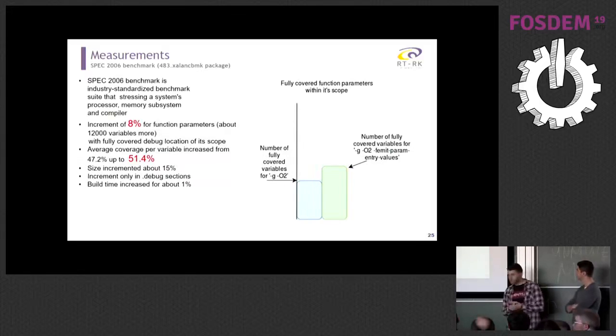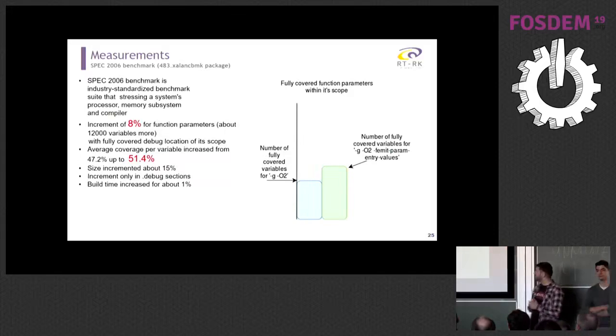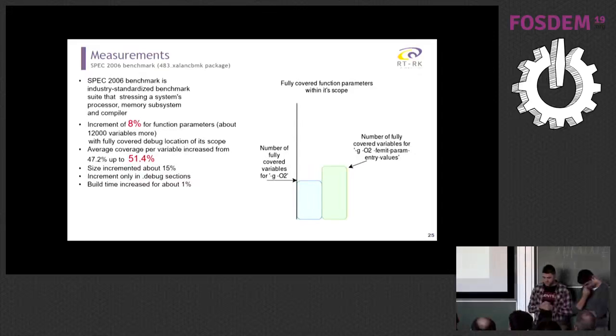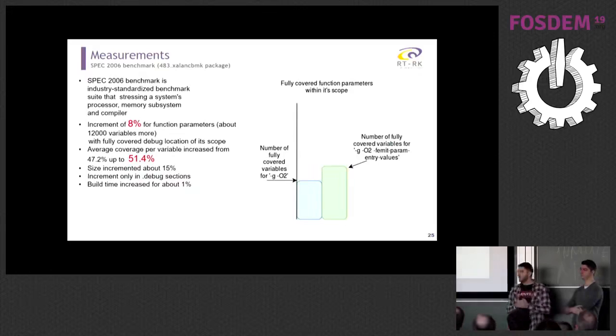Over there we noticed an increment of fully covered function parameters of about 8%, which is about 12,000 more debug variables with full coverage. In this case we also noticed an increment of average coverage per variable of about 4%.